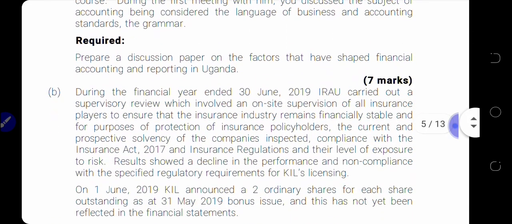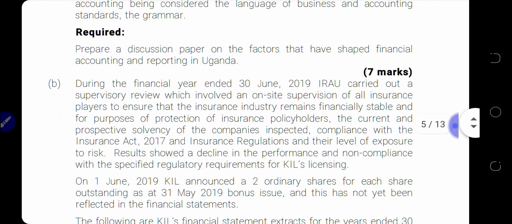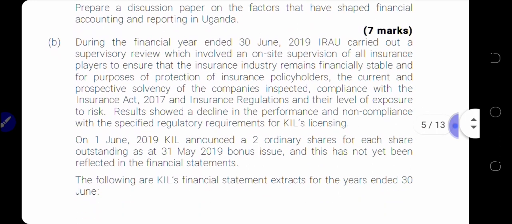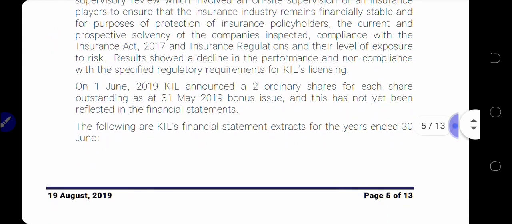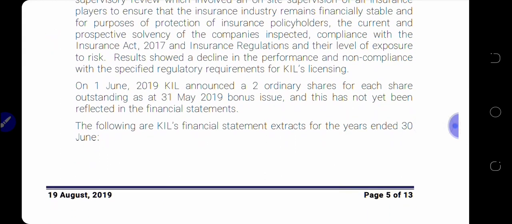Then part B is all about what? During the financial year ended 30th June 2019, IRAU carried out a supervision review which involved an on-site supervision of all insurance players to ensure that the insurance industry remains financially stable for the purposes of protection of insurance policy holders. This is also from the reporting conceptual framework.